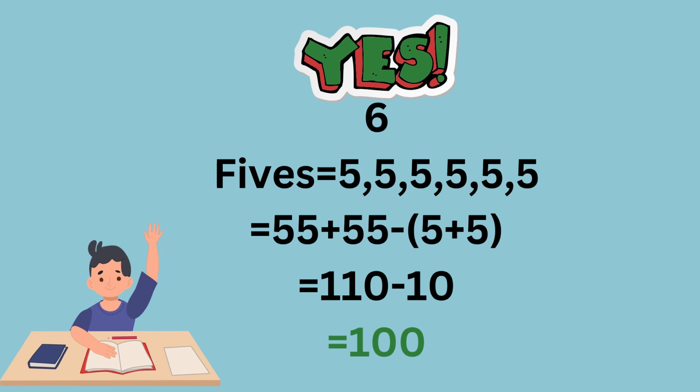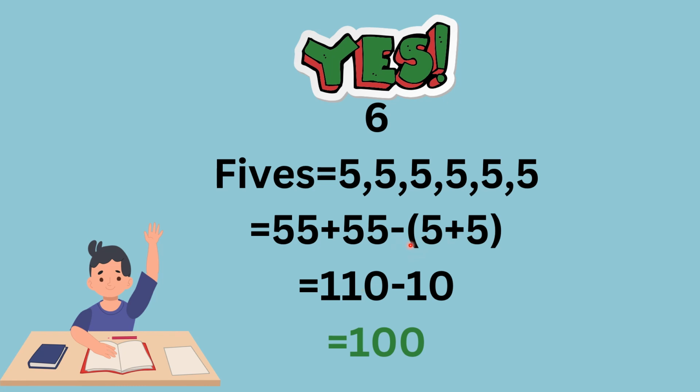Okay, I just told you that you can use any ways you like. You can multiply it, you can add it, anything you want. So we have six 5s there, and how are we going to make 100 out of that? We use one 5, the second 5, then the other 5, which is 4, and then we have 2 fives inside the brackets, which makes six 5s. So we add 55 plus 55, which gives us 110.